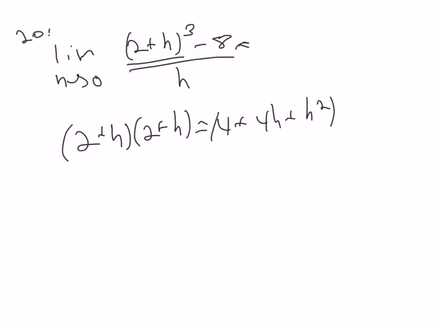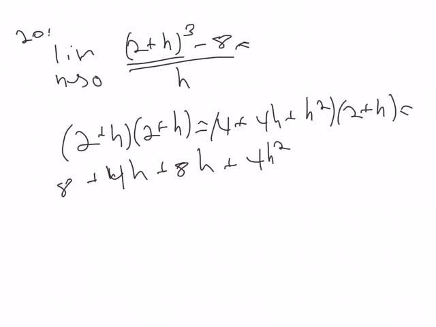And then when you take this times (2 + h), you're going to get 8 plus 4h plus 8h plus 4h squared plus 2h squared plus h cubed.